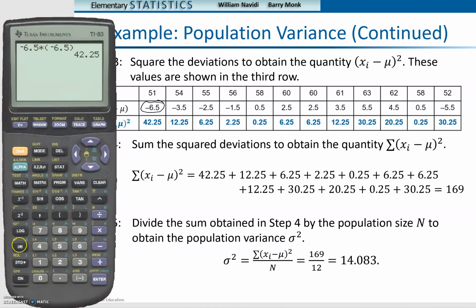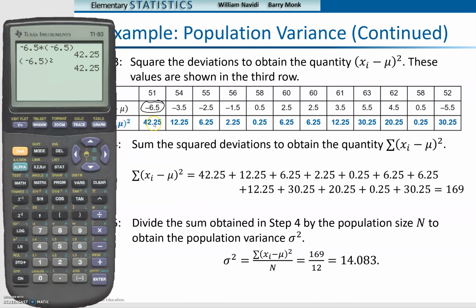Another way I could do it is use the x squared button on your calculator: parentheses, negative 6.5, close the parentheses and square it, and you get 42.25. The reason you have to put parentheses around it is because you want to make sure that the negative gets squared.